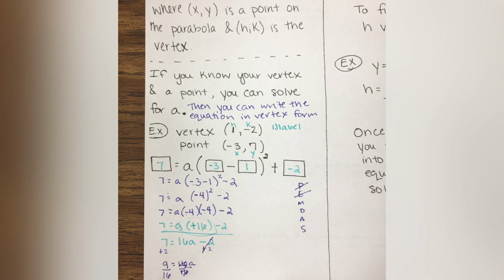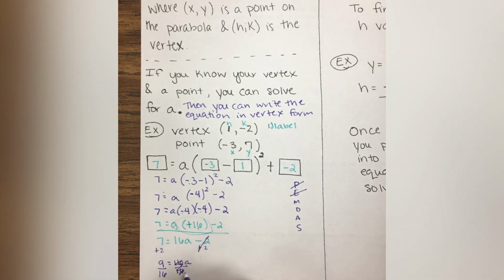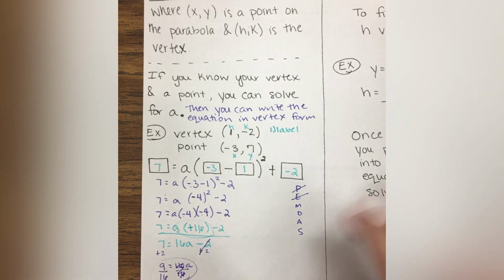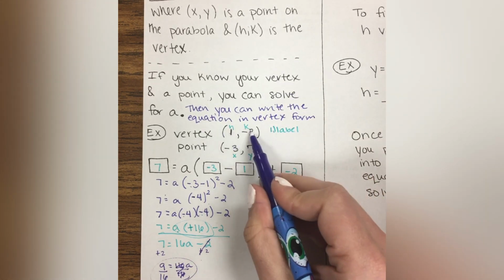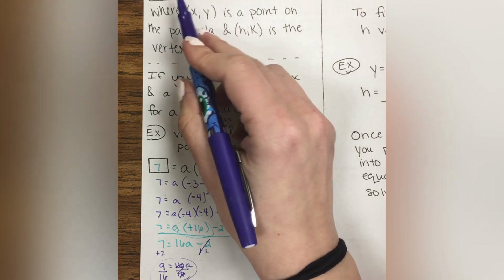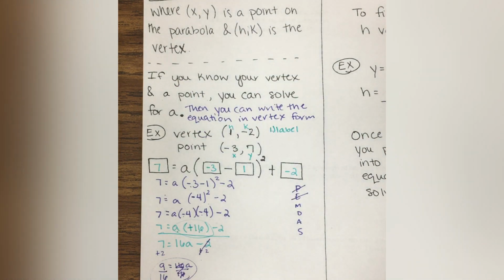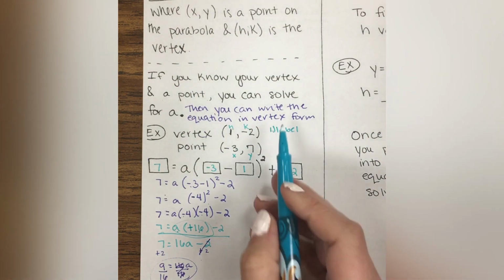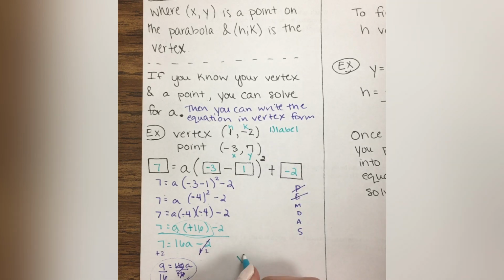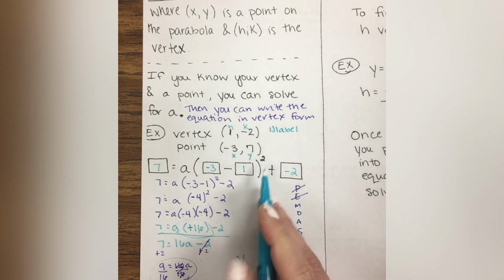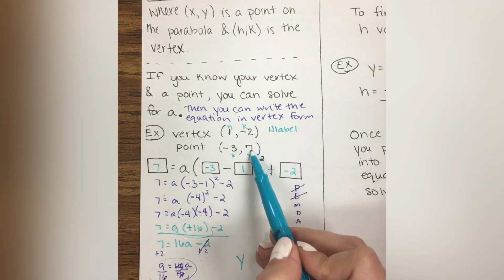Now, this doesn't simplify, but if it did, you're going to want to simplify. So now I know my a. I also know my h and my k, or my vertex, so I can plug it into my equation in vertex form. And I'm going to leave my y because it could be any y. It doesn't necessarily have to be this point.